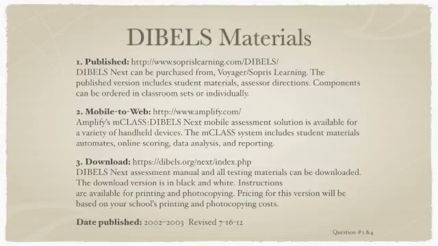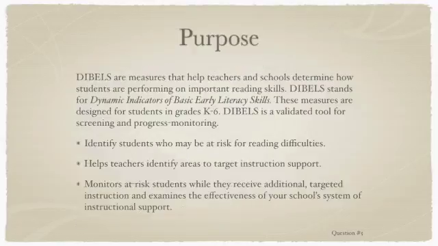Date published was 2002, 2003, revised 7/16/12. The purpose of DIBELS is to provide measurements that help teachers and schools determine how students are performing on important reading skills. DIBELS stands for the Dynamic Indicators of Basic Early Literacy Skills. These measures are designed for students in grades K through 6.